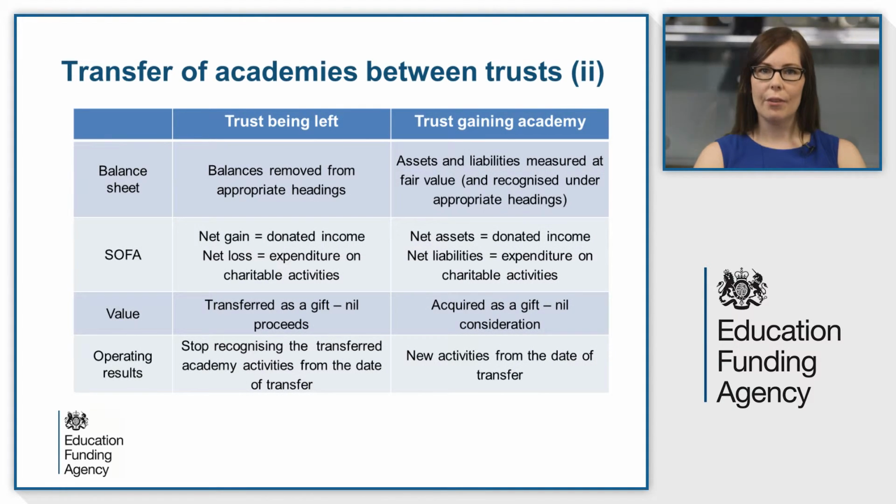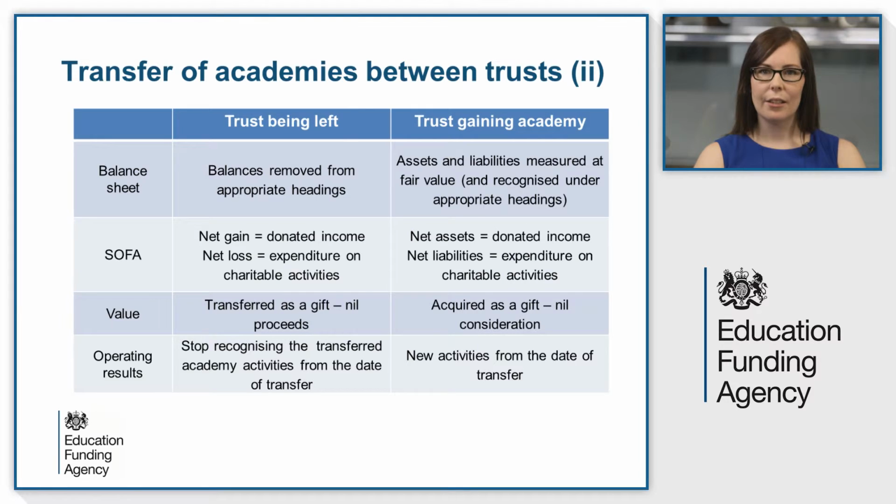The table shown explains the information included within the Academy's accounts direction, which is in section 8, including how the balances are measured and where they are shown within the balance sheet and statement of financial activities. The main thing is to ensure all balances are removed from the balance sheet.